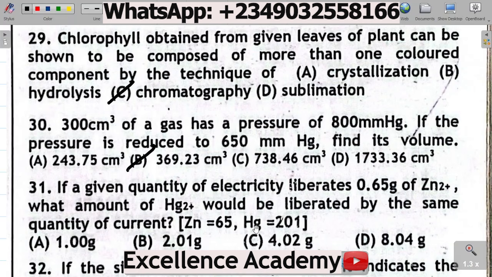You're given the atomic mass of mercury as 201. A, 1.00 gram, B, 2.10 grams, C, 4.20 grams, D, 8.04 grams. So which of these is the correct option? Leave your answer in the comment section and I'll tell you if you're correct or not.